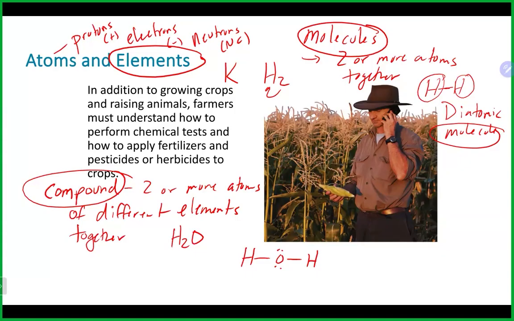Yeah. It doesn't matter how they're bonded. We'll talk about it when we get to bonding in our chapter or so, but you can have, for example, this compound here, and this type of bonding that we see in water is what's known as covalent bonding. They're actually sharing electrons in this particular case.